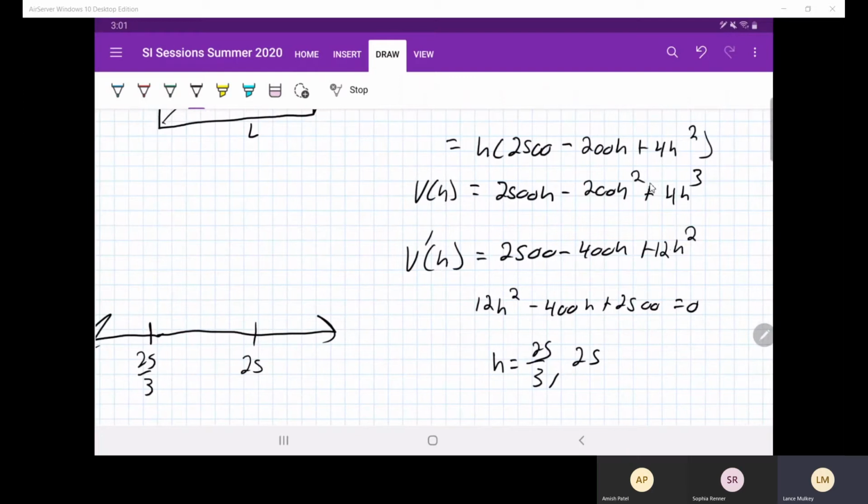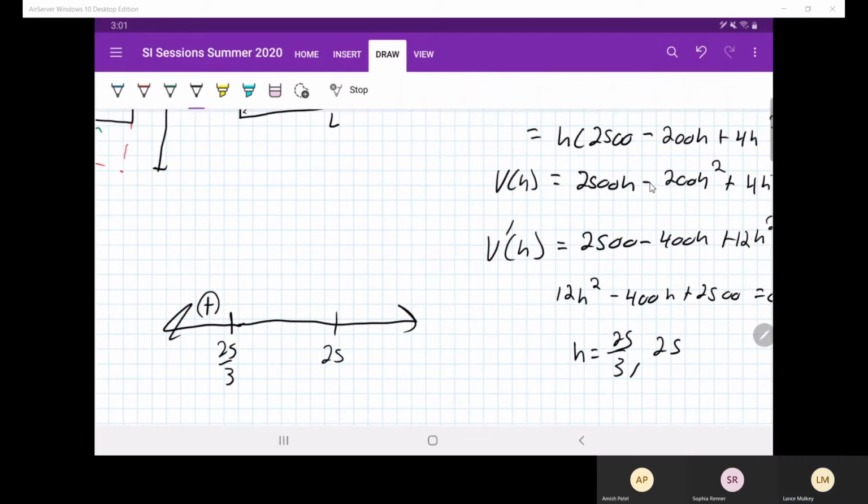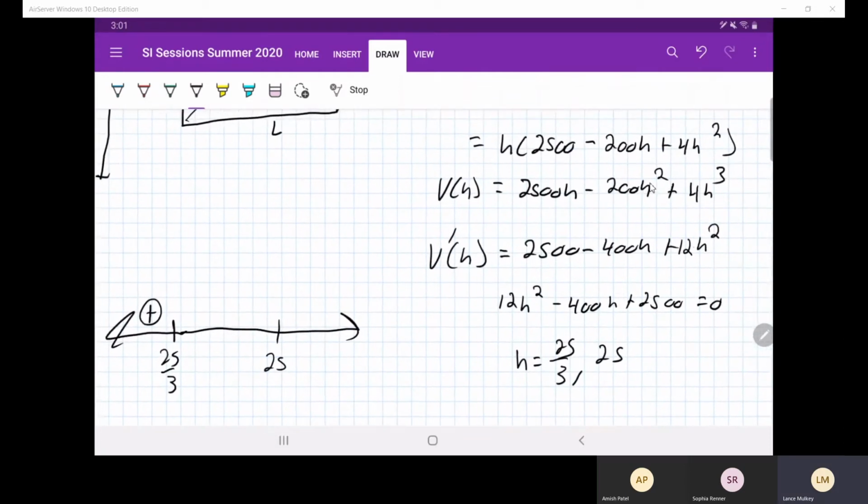So for your derivative, you can plug in, let's say, a 0 to the left, and you'd get a positive number. In the middle, you can plug in 10. You get 2,500 minus 4,000 plus 1,200, so that's a negative, so it would be minus 300. And then to the right of it, you can plug in 50, and you would get a number so astronomically large because of the squared, it'd be positive.